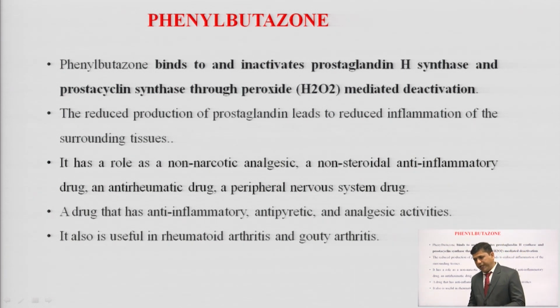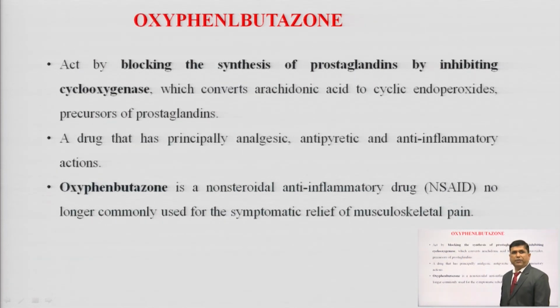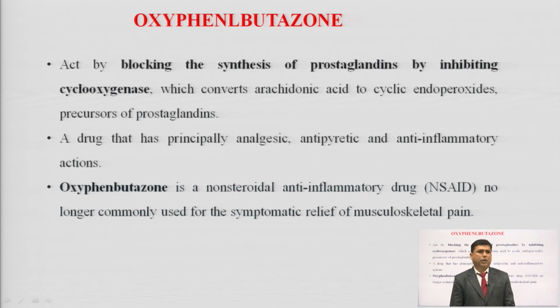It is a non-narcotic analgesic, non-steroidal anti-inflammatory drug with anti-rheumatic properties, acting on the peripheral nervous system, with anti-inflammatory, antipyretic and analgesic activity. Oxyphenbutazone blocks the synthesis of prostaglandin by inhibiting cyclooxygenase, which converts arachidonic acid to cyclic endoperoxides, the precursor of prostaglandins.